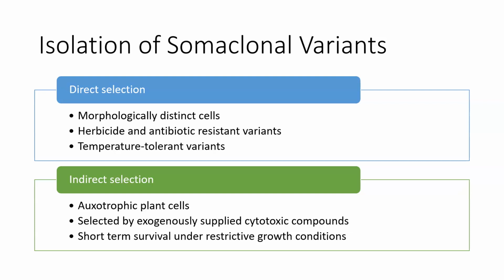When grown in the absence of the necessary nutrient supplement, these cells become very weak, and at this weakened state, these cells assimilate exogenously supplied cytotoxic compounds such as arsenate, bromodioxyuracil, or fluorodeoxyuridine at a lower rate than that of wild-type cells. Thus, treating a cell culture under restrictive growth conditions with one of these substances would tend to favor short-term survival of the weaker auxotrophic cells, but these restrictive conditions will not affect the normal wild-type cells.